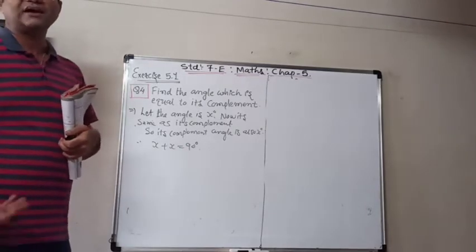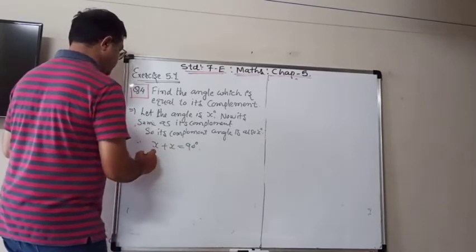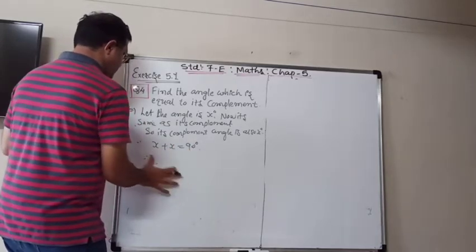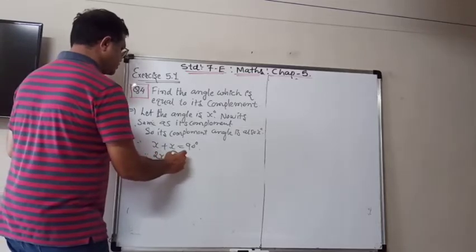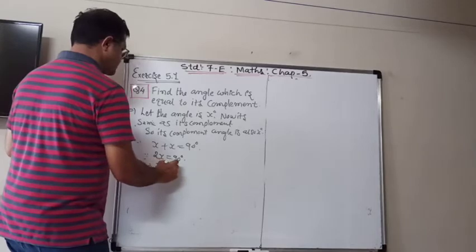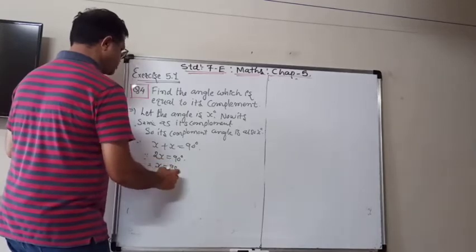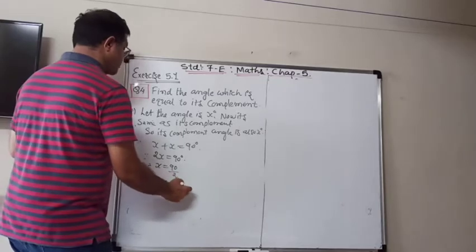Sum of them is 90 degree. So x plus x is equal to 90 degree. So x plus x is 2x. 2x is equal to 90 degree, and therefore x is equal to 90 by 2. Therefore x is equal to 45 degree.